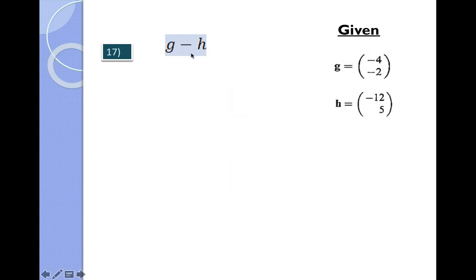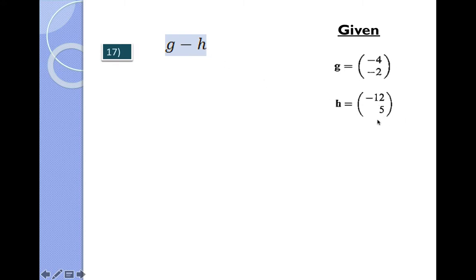Now question number 17, the question is g minus h. Here likewise they have given you vector g and vector h as column vectors. This is also subtraction of column vectors, so what you do is add the negative of h.